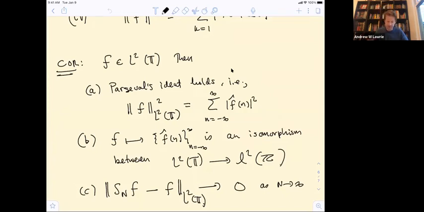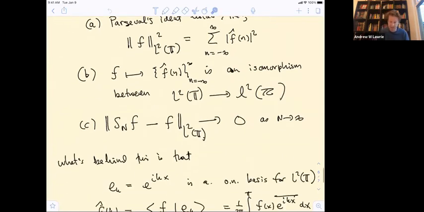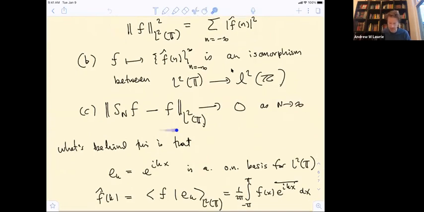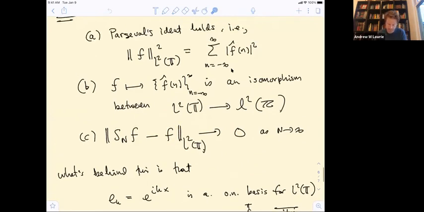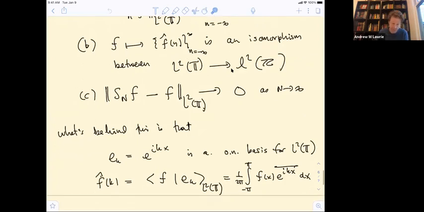Well, what you have is something like this. If you take any arbitrary f, you have this fact. So you could say that f is equal to this infinite linear combination, right? So what does this mean?